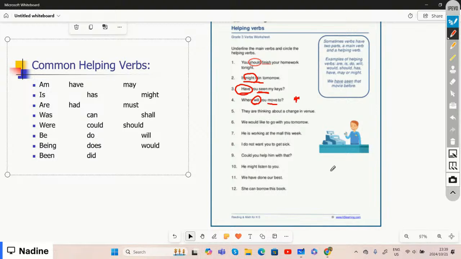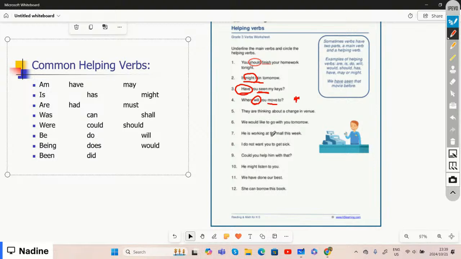The helping verb comes before the main verb, but it doesn't have to be directly before it. Sometimes you'll find an adverb or a noun or pronoun between the helping verb and the main verb.